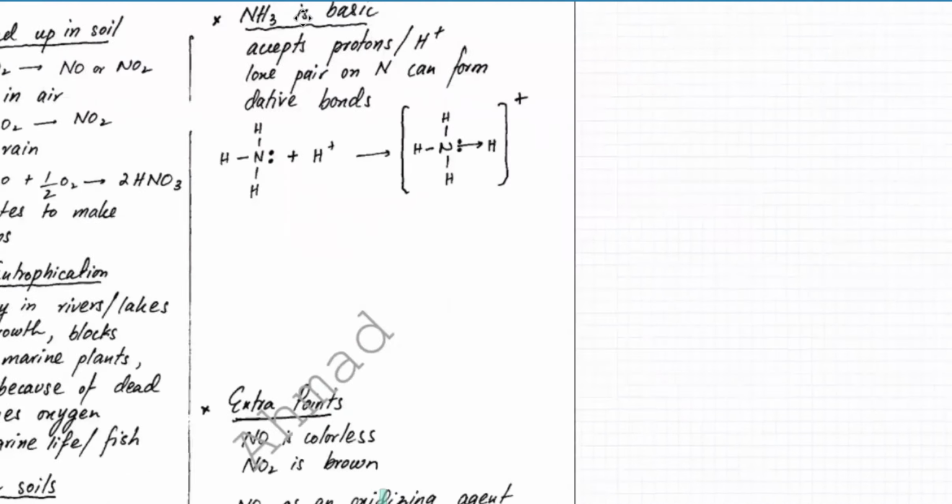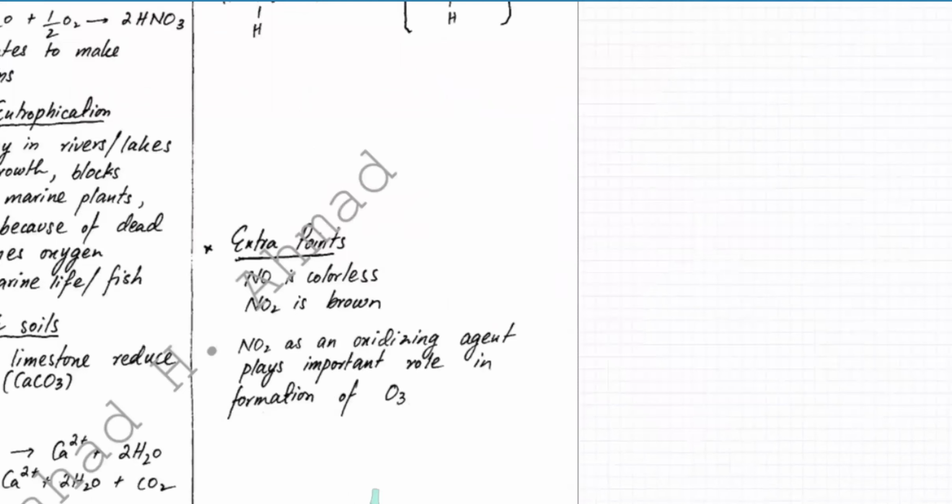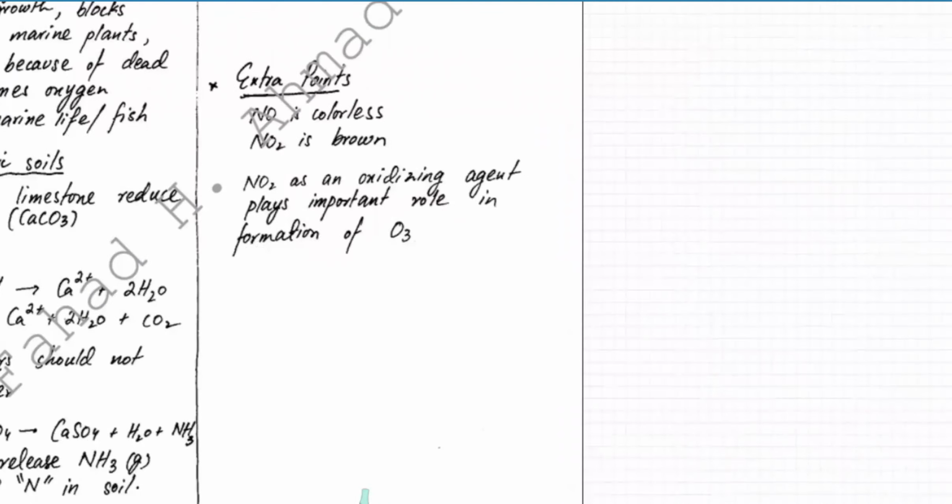And what else? Some extra points are that NO is colorless, whereas NO2 is a brown gas. And NO2, as an oxidizing agent, plays an important role in the formation of ozone, even in the lower atmosphere, which creates smog.